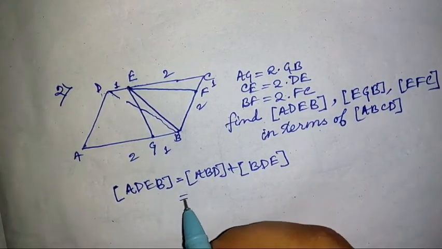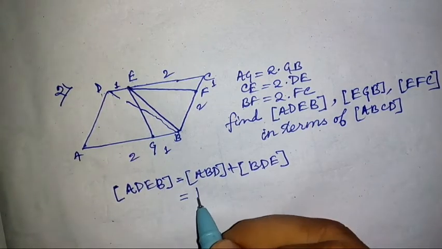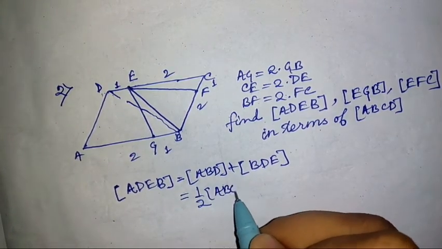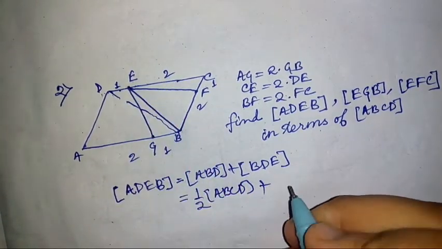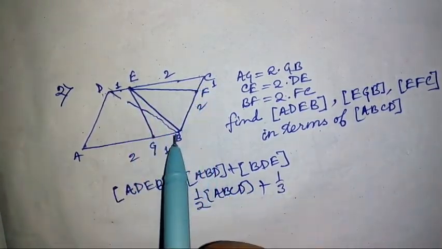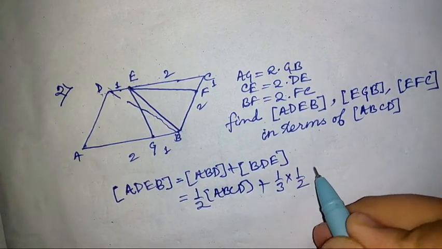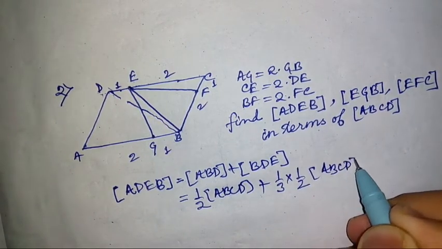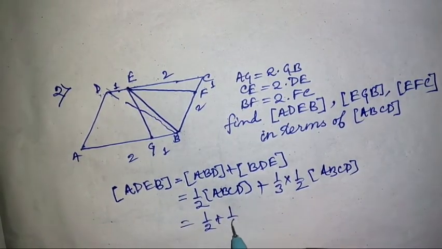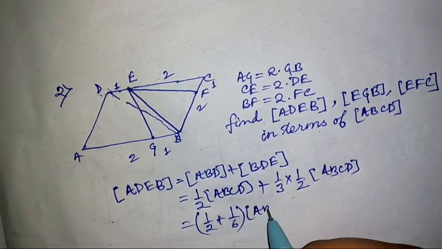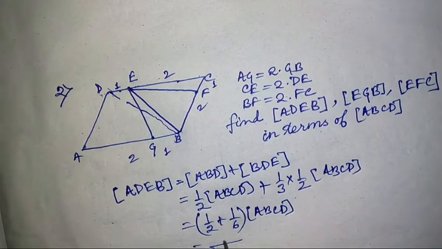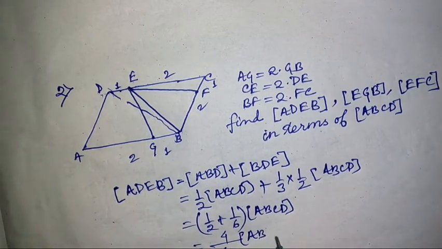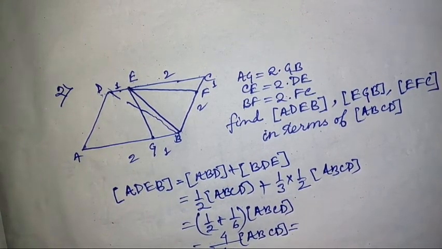Now the area of ABD, it is a diagonal, so it is half of the area of ABCD, and BDE is 1/3 of this one, and this one is half of the area of parallelogram ABCD. So we get 1/2 plus 1/6 of the area of ABCD, so we get (3 plus 1)/6, that is 4/6 of ABCD, which can also be written as 2/3.